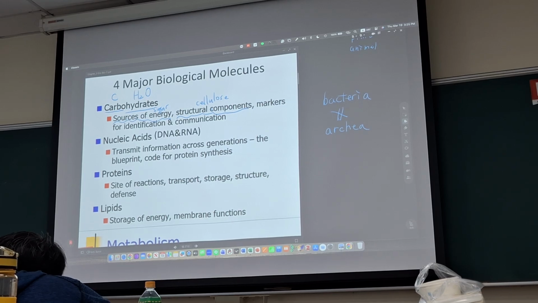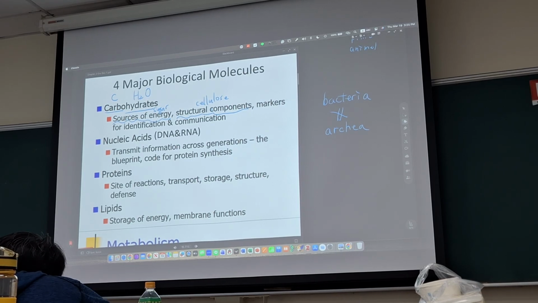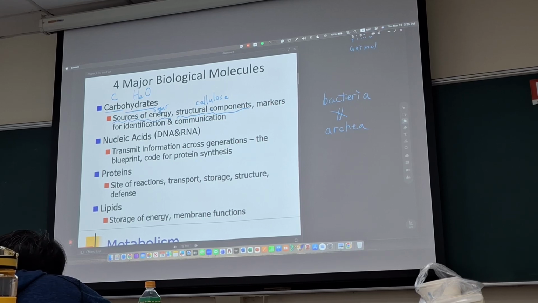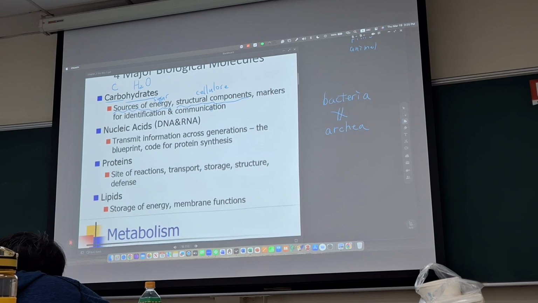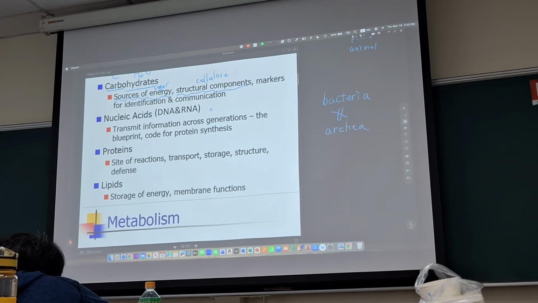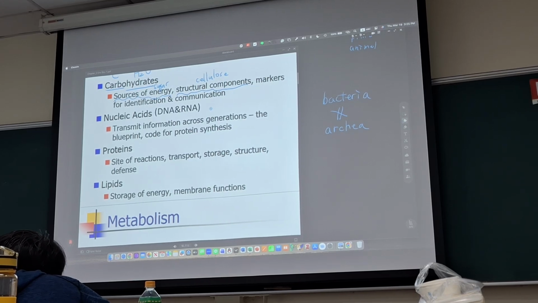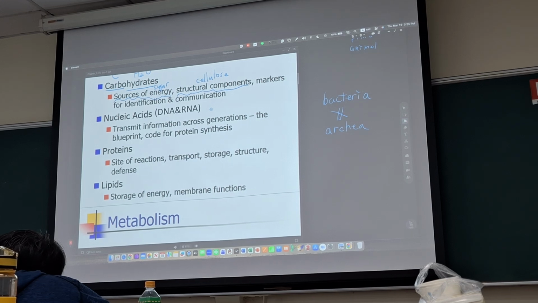And some sugar can also be used for identification and communications. And nucleic acid, there are only two kinds. One is called DNA, the other one is called RNA.